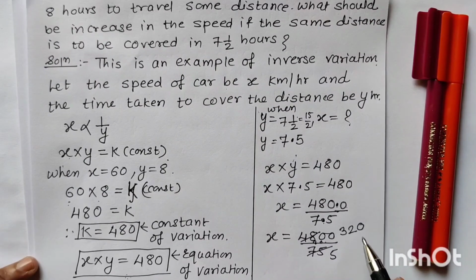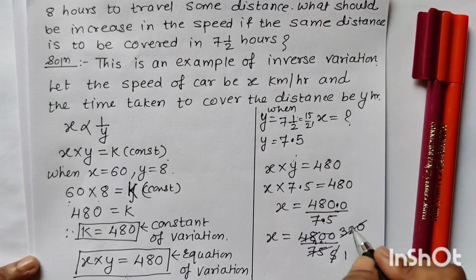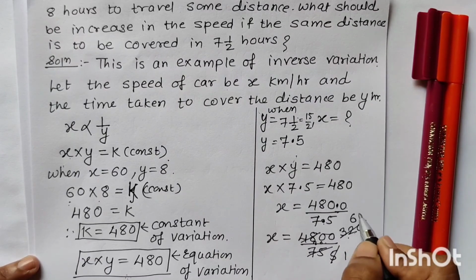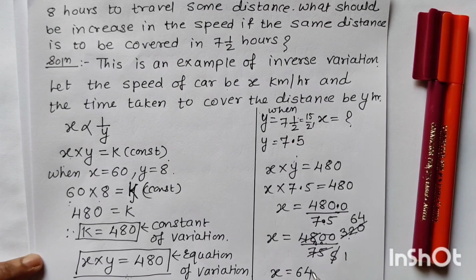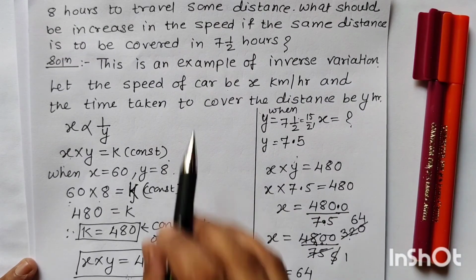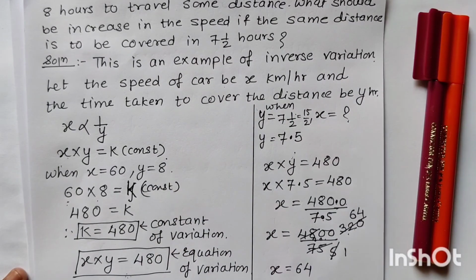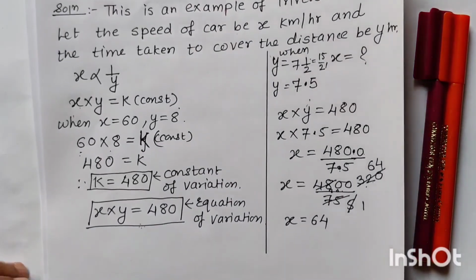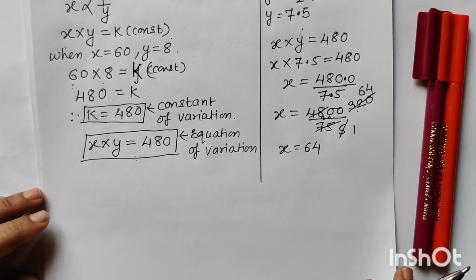Now cancel this, 320 by 5. 5 1s are 5, 5 6s are 30, 5 4s are 20. x is equal to 64. So for 7.5 hours of time, how much distance is covered? What should be the speed? 64 km per hour. So I am writing the first sentence here, then we will write the answer statement.